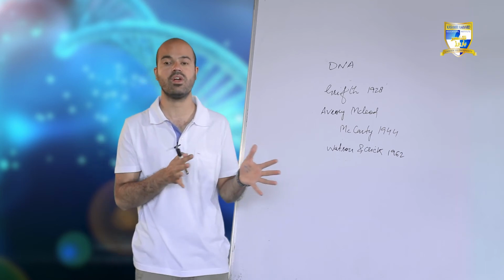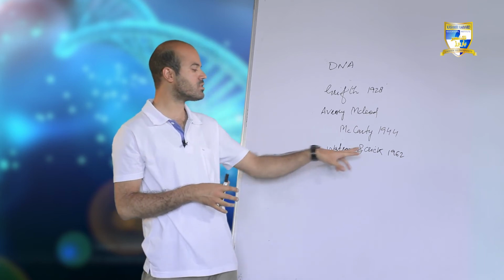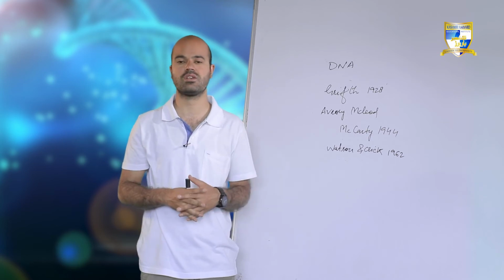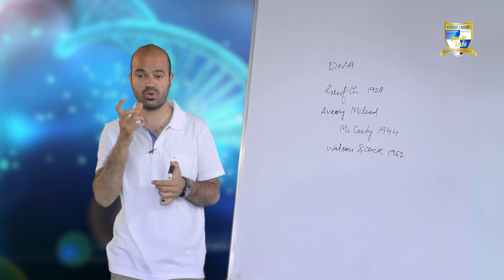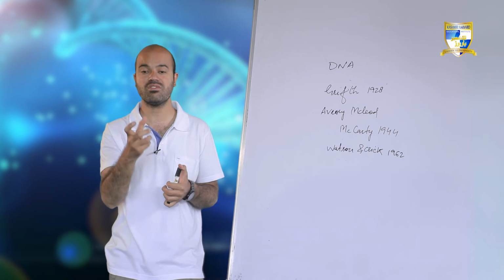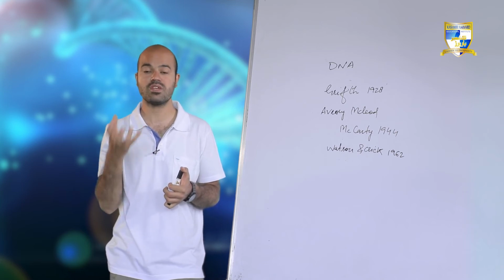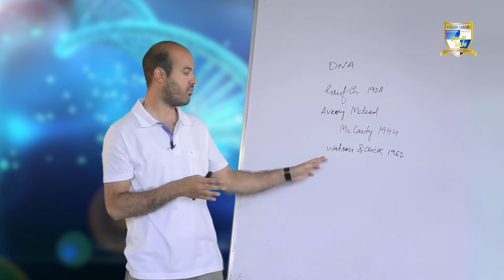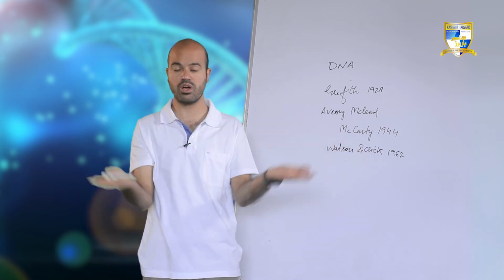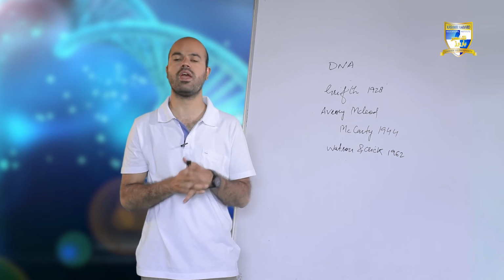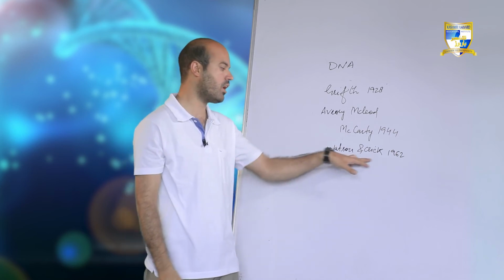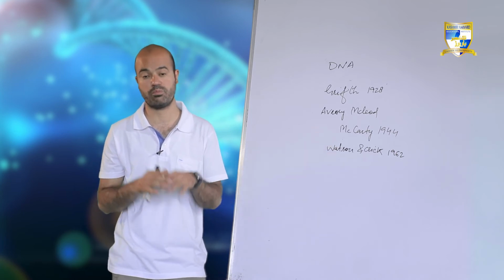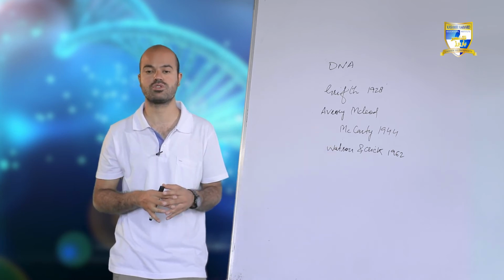What are the components of DNA? Before Watson and Crick, various scientists tried to observe the structure of DNA, and using that data Watson and Crick finally gave the model of DNA regarding its structure, and they were given the Nobel Prize for giving the structure of DNA.